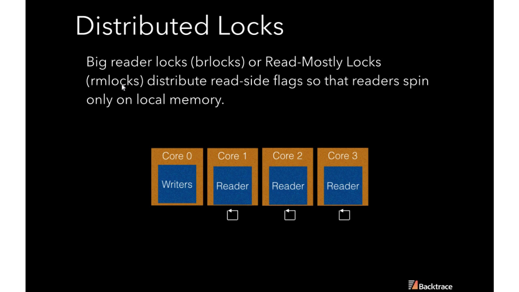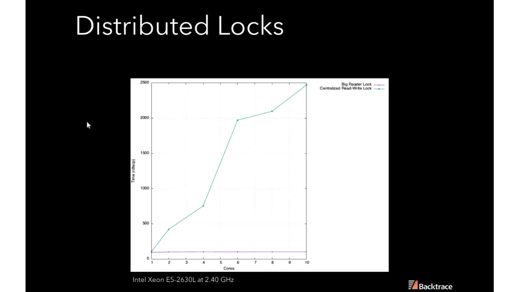So another approach here is to actually distribute the read-side words across the cache lines that the threads are running on, and have those threads spin on those cache lines instead. Linux had a variant of this called brlocks for a very long time, and FreeBSD has a more sophisticated variant called read-mostly locks. Essentially, read-side flags are distributed in some fashion across threads.